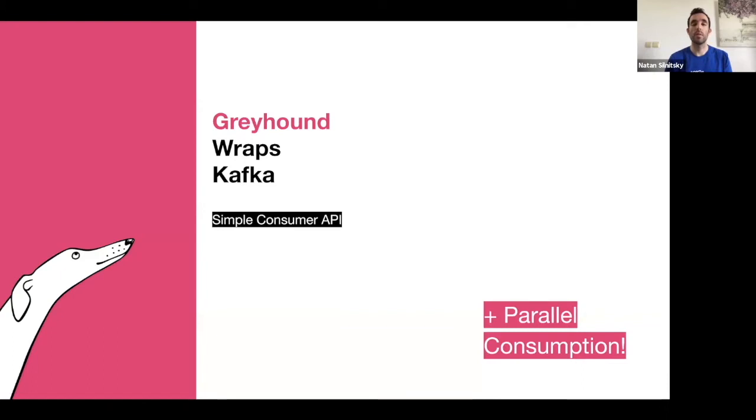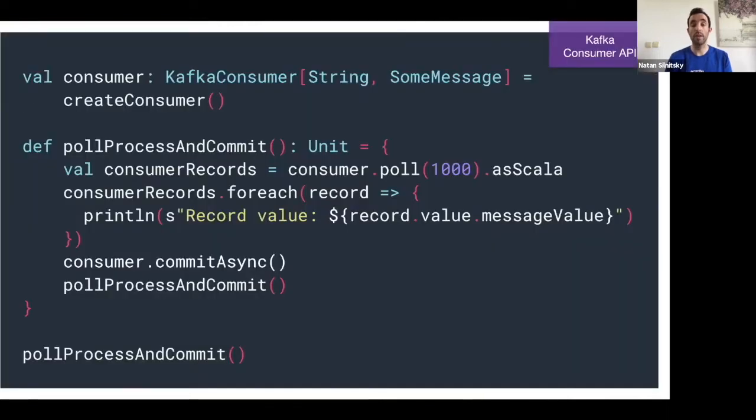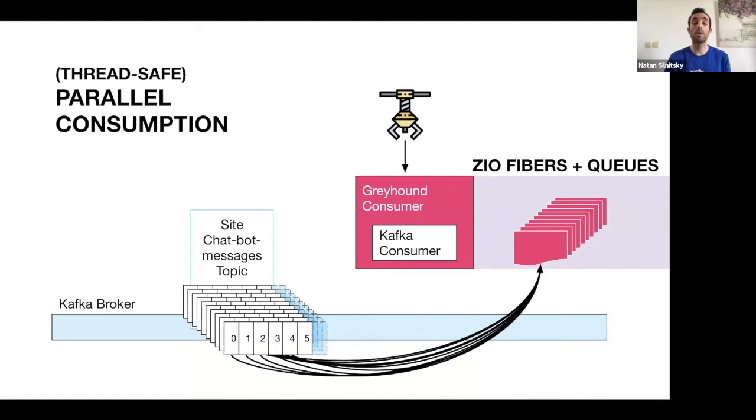Cool. So what about parallel consumption? We have an instance that may need to consume multiple partitions in the same Kubernetes pod. When you write stuff with Zio, it's really easy to have parallelization out of the box.